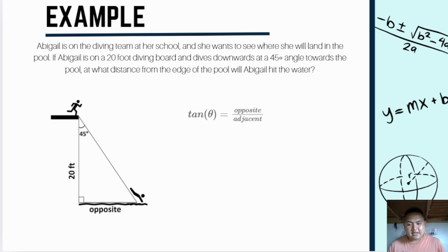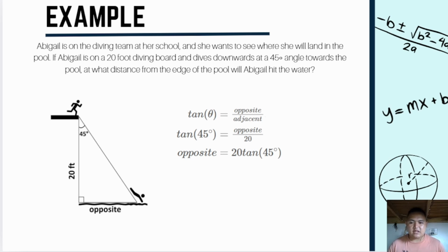So that becomes tangent 45 degrees is equal to opposite over 20. This time, we will multiply both sides by 20 to solve for the length of the opposite side. So our equation becomes opposite is equal to 20 tangent 45 degrees, making sure to use the degree mode on the calculator. We will perform the calculation.